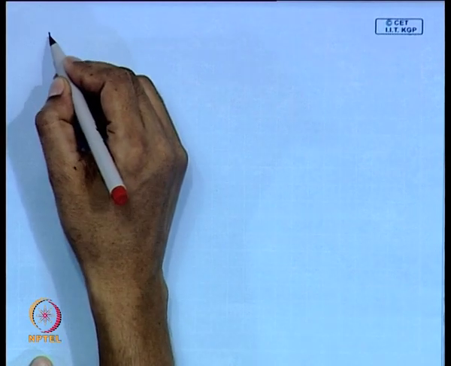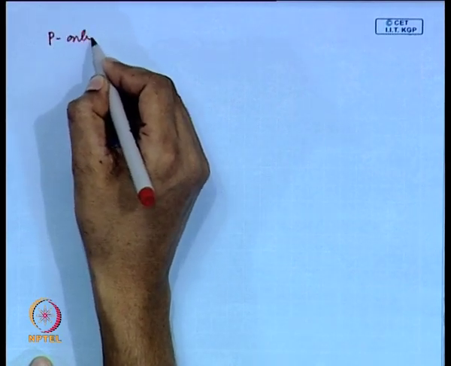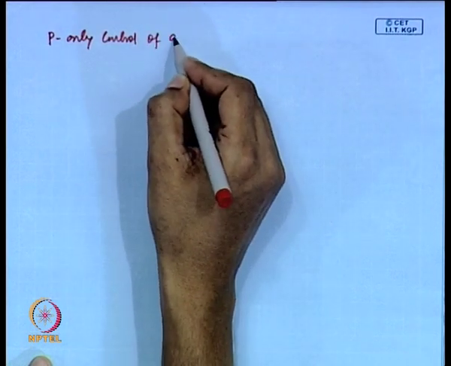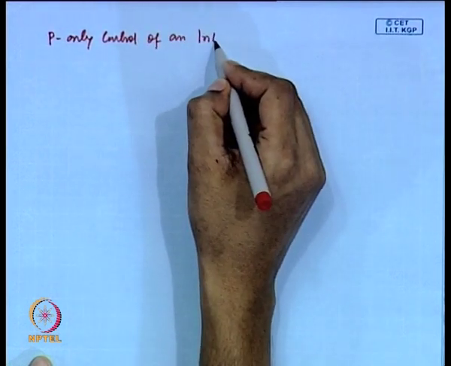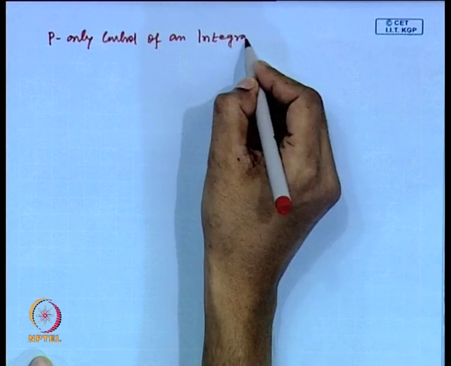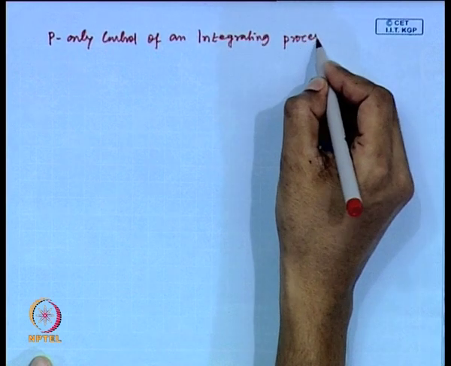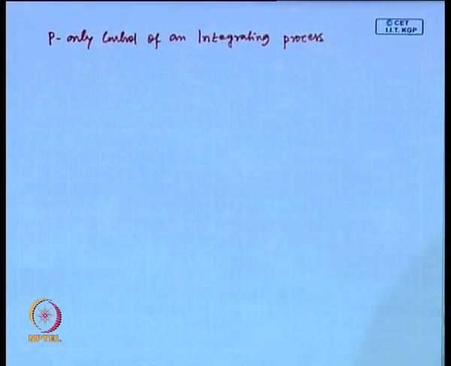So, next we will discuss the P only control of an integrating process. Next we will discuss this.